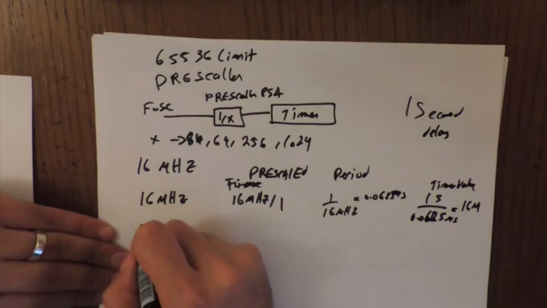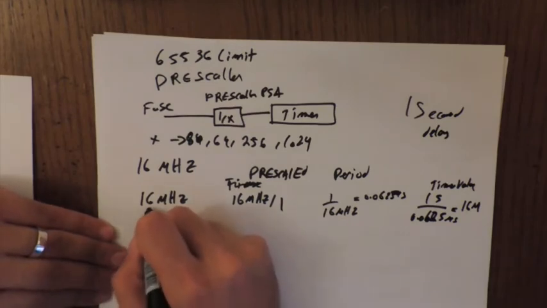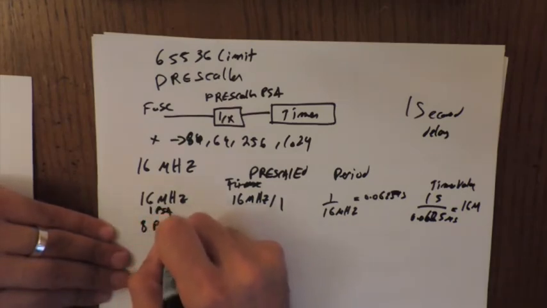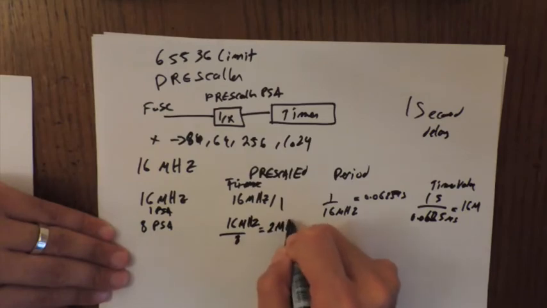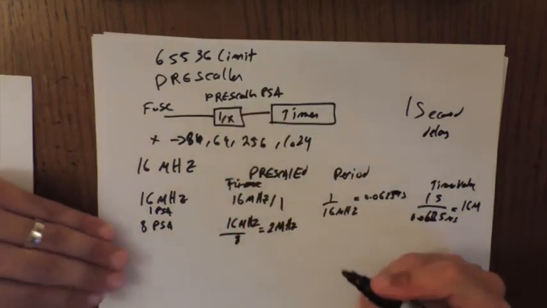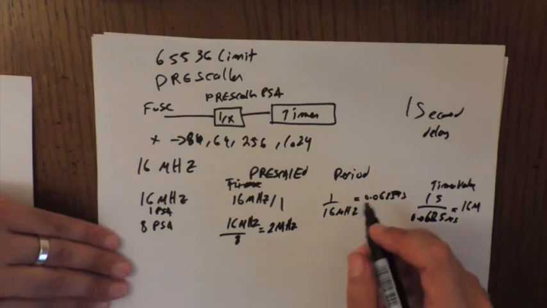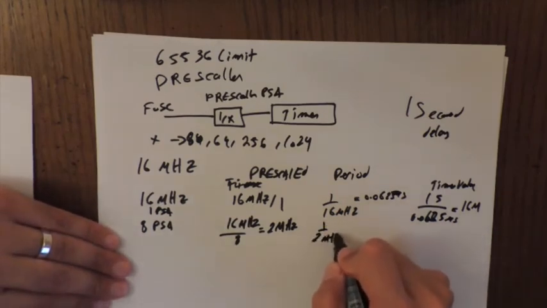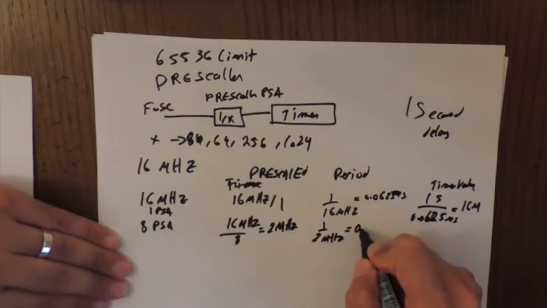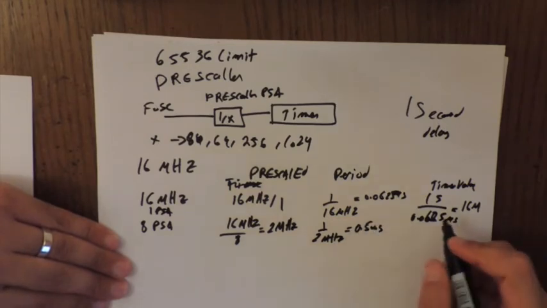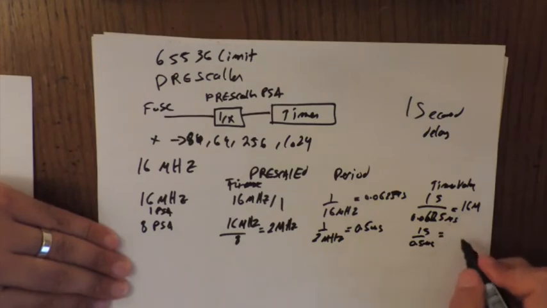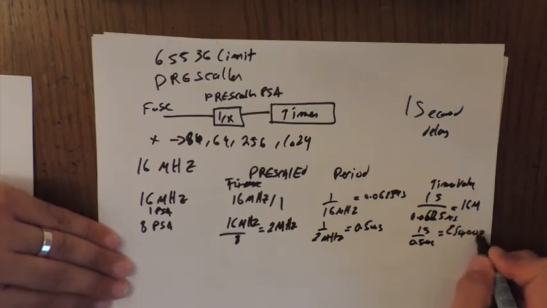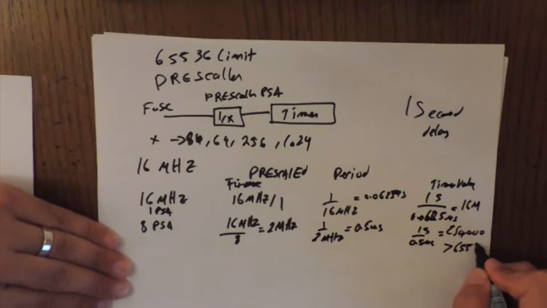If I want to use an 8 prescaler, I have 16 megahertz over 8, which slows the clock, so now I have 2 megahertz, which is equal to 0.5 microseconds, and 1 second over 0.5 microseconds is equal to 2 million, still greater than 65536.